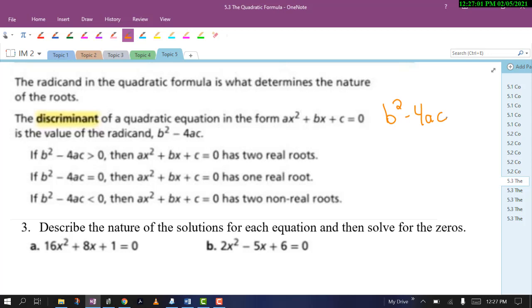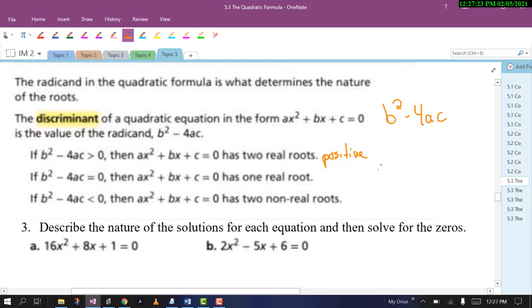If b squared minus 4ac is greater than 0, meaning it's positive, we have two real roots. They may be irrational, they may be ugly, they may be nice, they may be integers. But we're going to have two real roots.